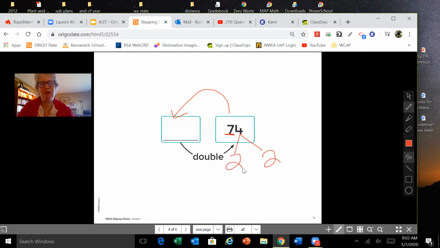Okay, but now I've got this 70. Okay, and I've got to think about how I could halve that. So I'm going to put 70 up here. And noticing I'm thinking about number bonds. Okay, and I'm thinking about how can I split 70 in half? Well, I can because it's an even number. But maybe right off the bat, I can't think about that. So I can think that 70 is basically 60 and 10.